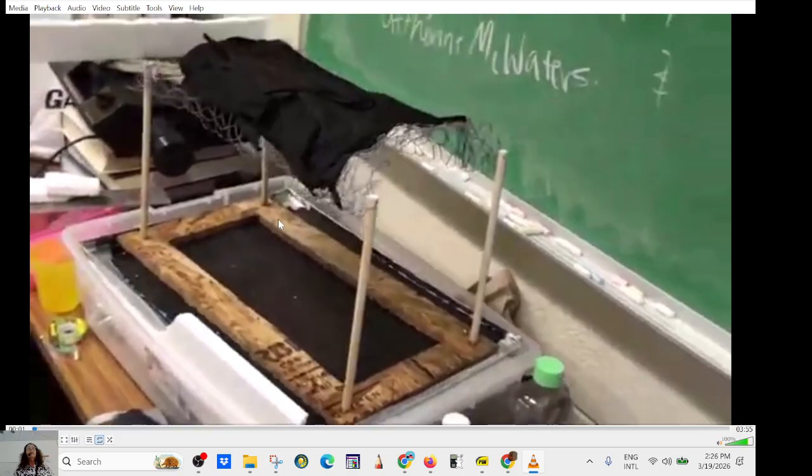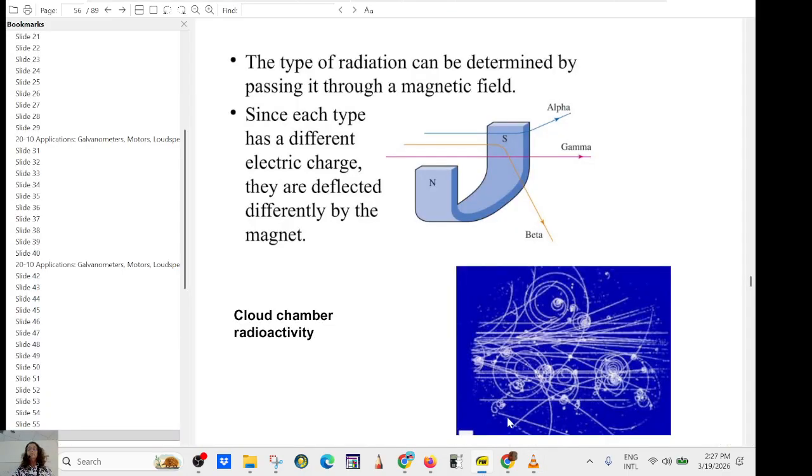So if you have that cloud chamber, you can see those particles going through the chamber, they're going to kick this alcohol, and the alcohol will turn into a liquid, and you will see the trace left by the particles. Okay, that's the idea of a cloud chamber.